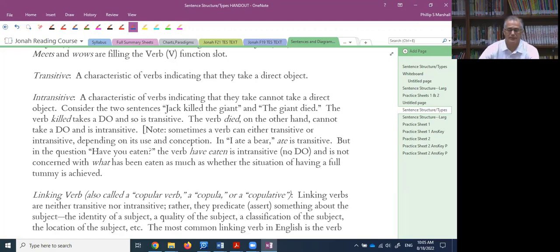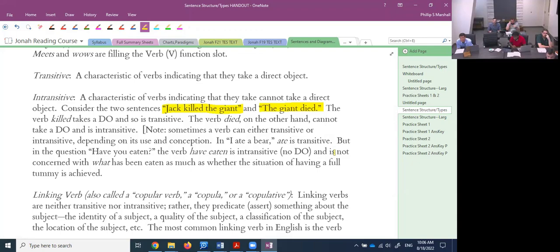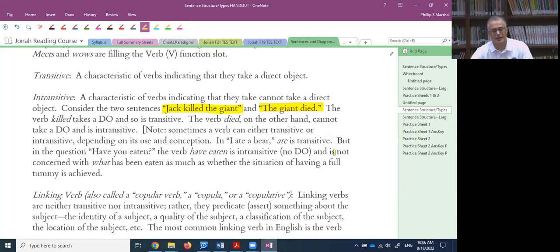So we have two sentences here. "Jack killed the giant," using the verb kill, and then "the giant died," using the verb die. The verb killed takes a direct object, right? What's the direct object here? Giant. Yes, giant.